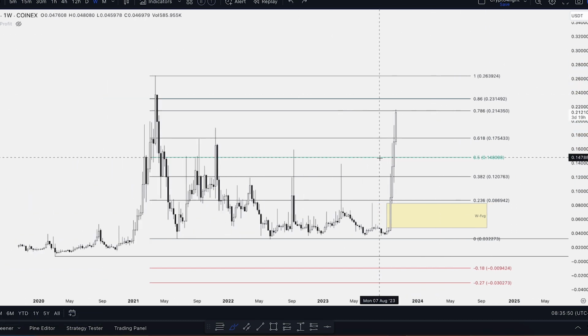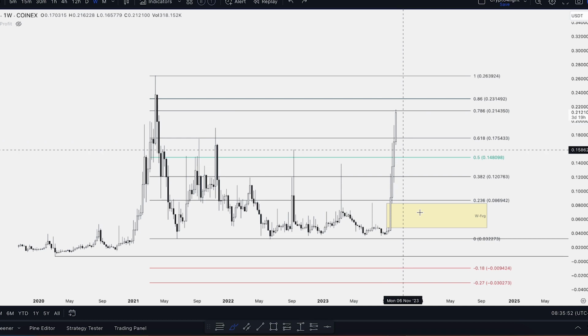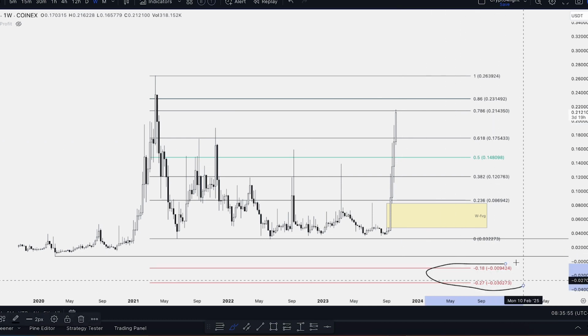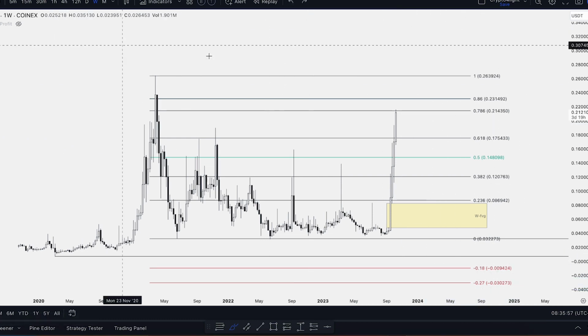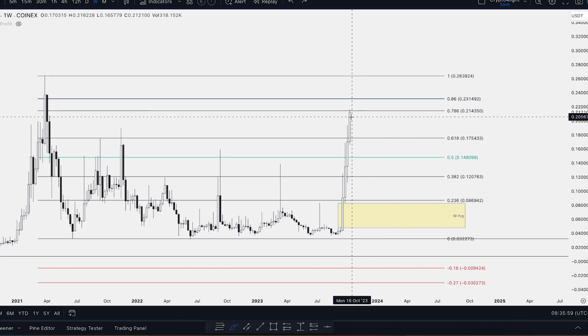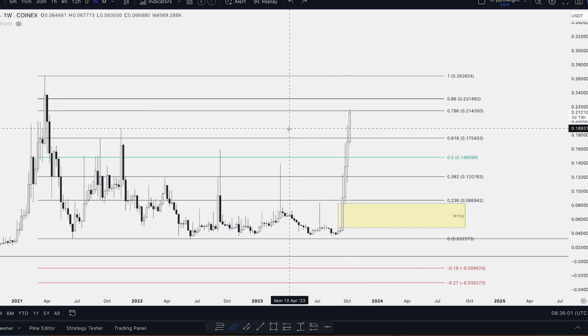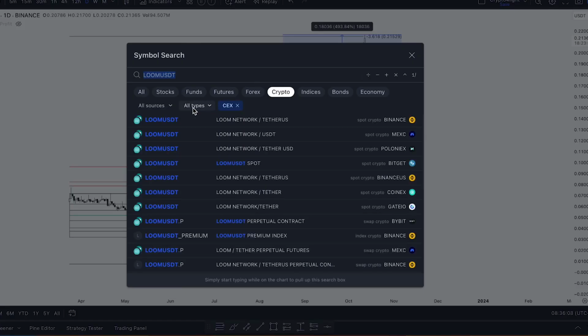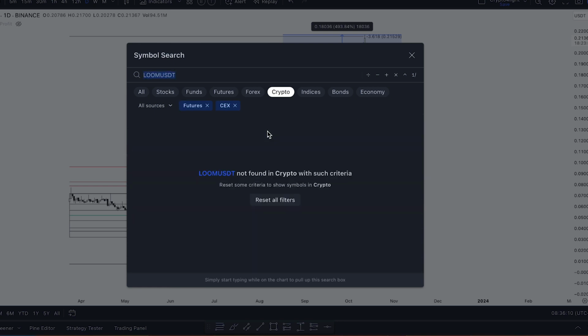I don't think so. I already explained why I didn't trade this coin, because we didn't test the 27 zone on the global chart. But now, of course, you can open, at least you can open a short on Binance. Let's take a look if we've got Loom on some futures.